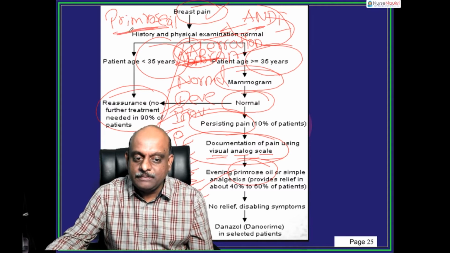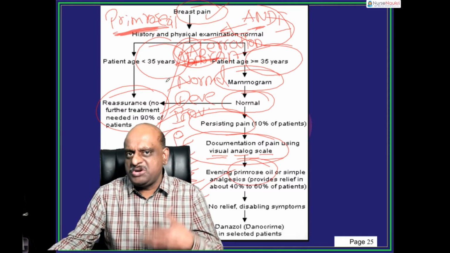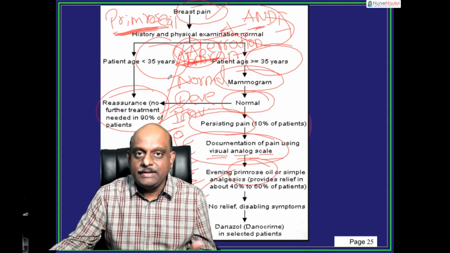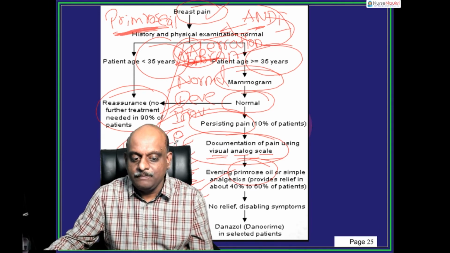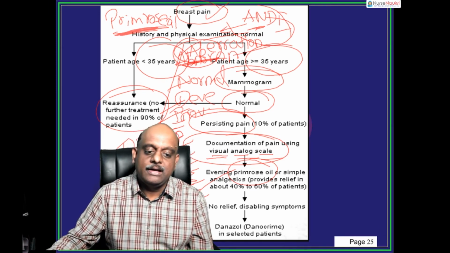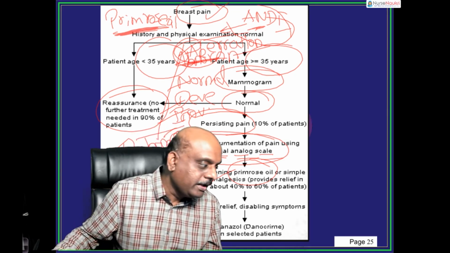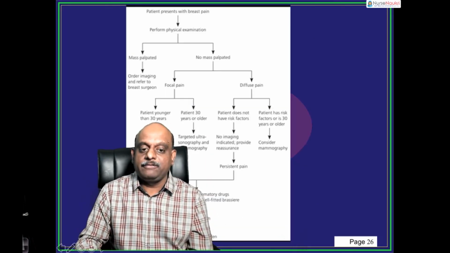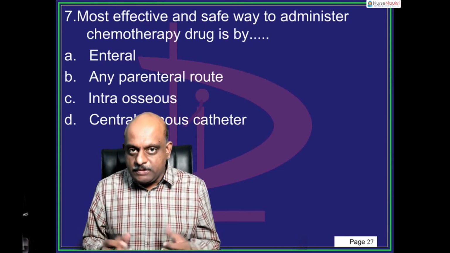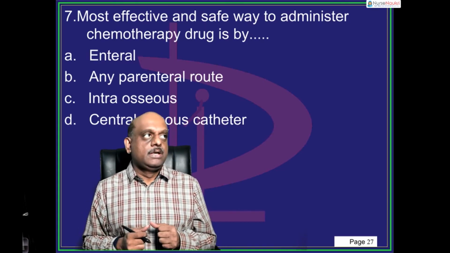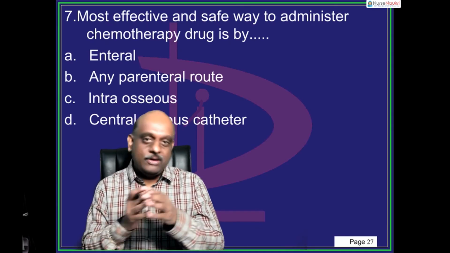And suppose if the pain is not relieving, it is very severe, then the choice is to give danazole. Danazole is a medicine that you need to remember. DANAZOL. Danazole is the one which is basically preferred. So that is how you approach the breast pain, the breast mass, what to do in a case when a woman presents with breast pain or breast mass.